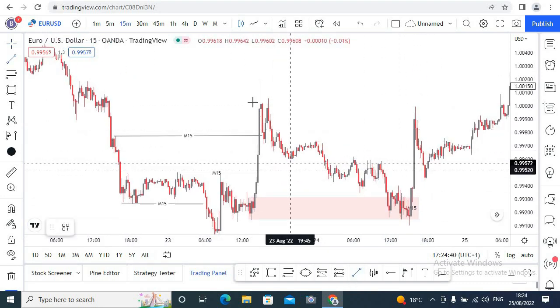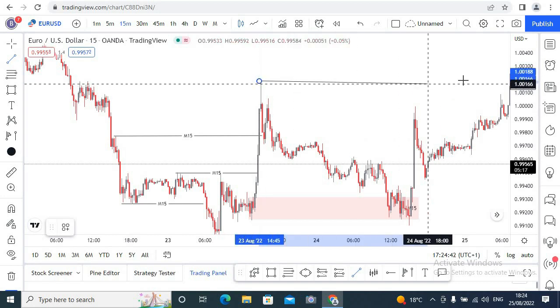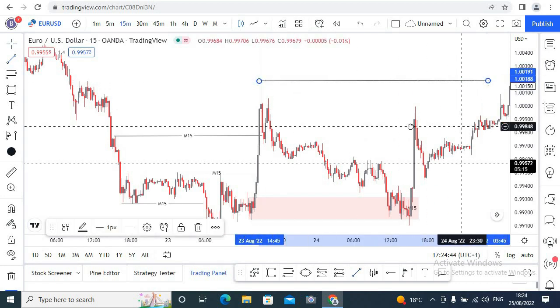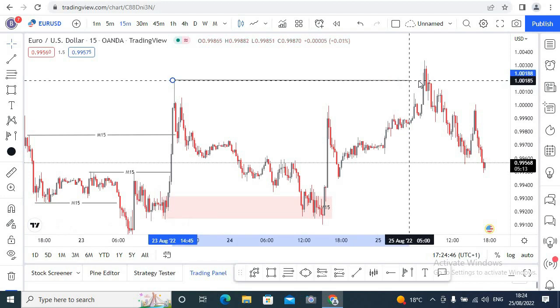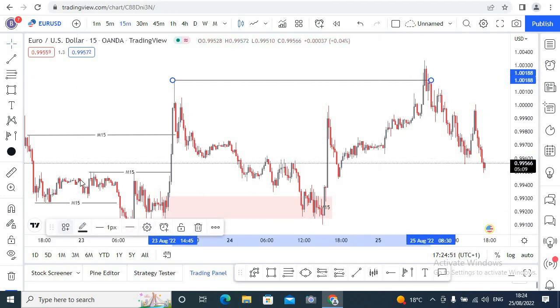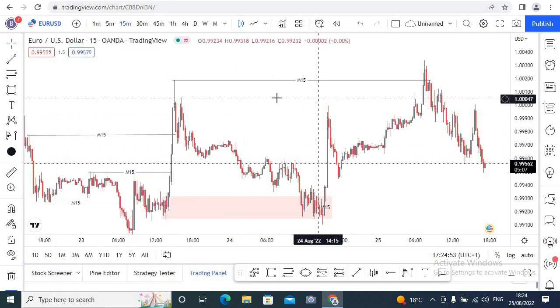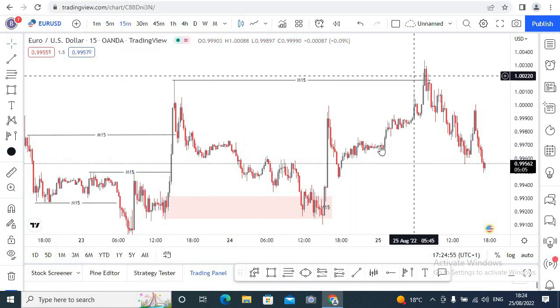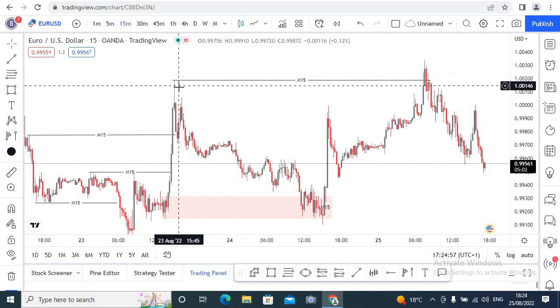So if you use the last high as your potential take profit, this one was going to get hit. As you can see, guys, this was going to get hit right there. That was a nice take profit right there, because that's the last high.